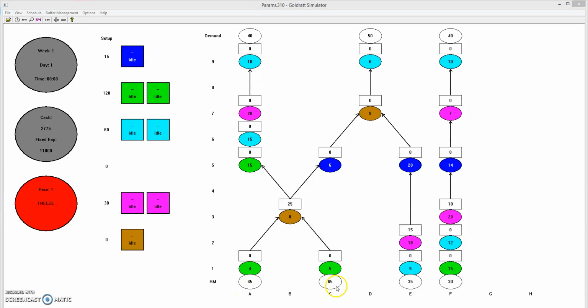Let's call them input material A, C, E, and F, simply because the alphabetic identifier is such. Okay, so I need 4 input materials. I've already purchased them. I've already given 65 to this one and this one, 35 to here and 30 to here. So I'm done with my purchasing part.